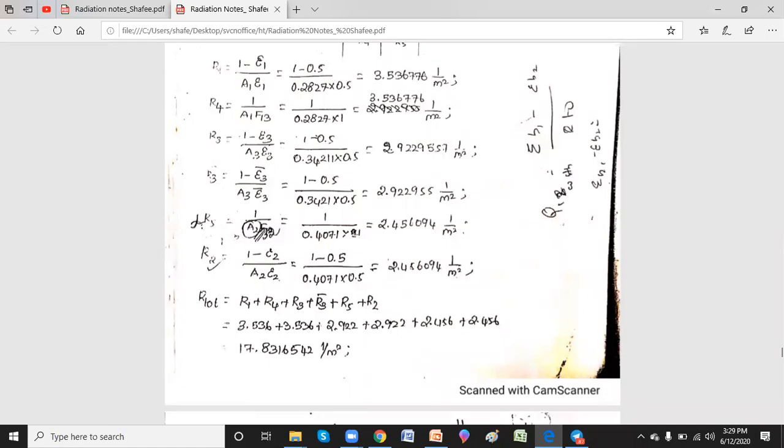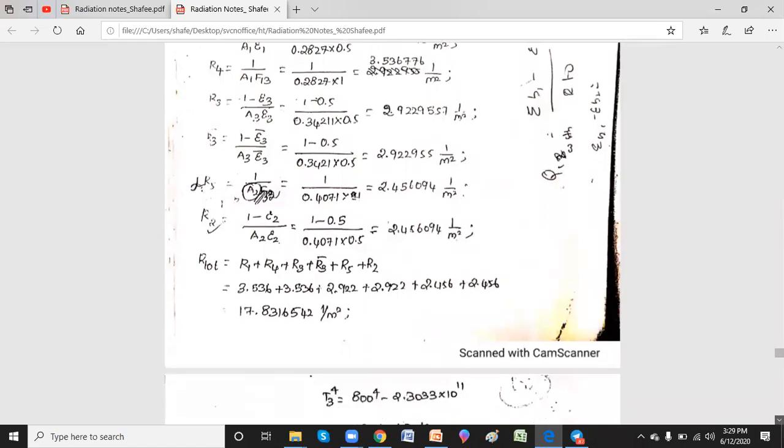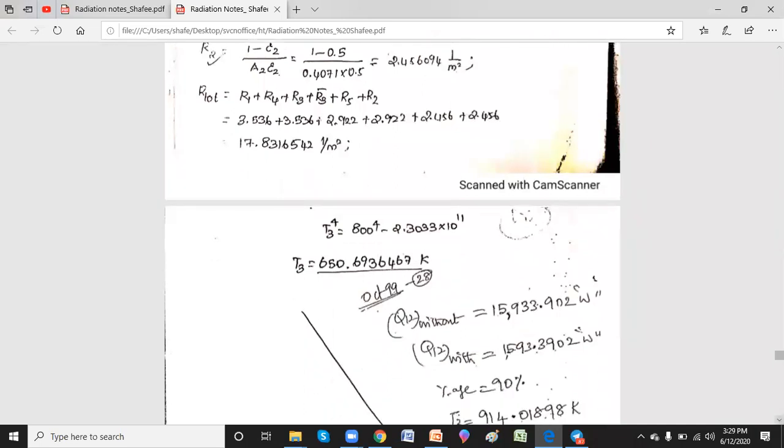Then finally I'll be getting the value of Q12, so the answers will be like this. That is like 15933 watts you'll get without any spherical wall.